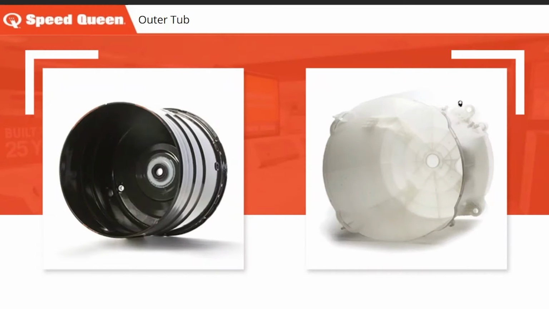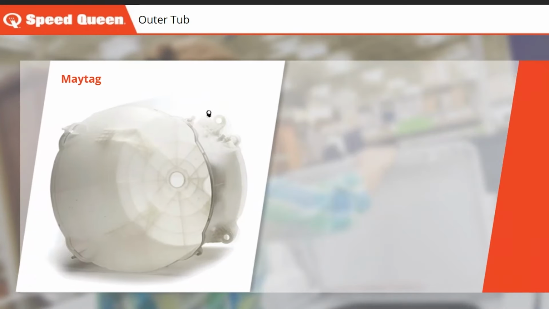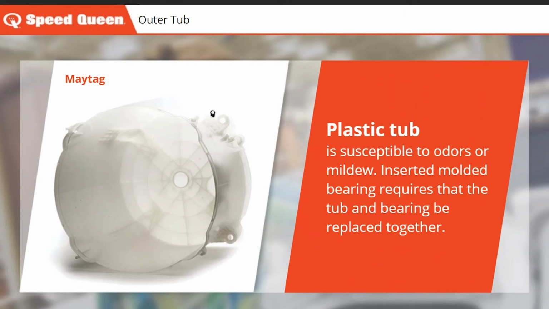Now let's compare the outer tubs. The Speed Queen TR7 has a porcelain-coated metal tub, whereas Maytag has a plastic tub. Maytag's plastic tub is susceptible to odors or mildew. The inserted molded bearing requires that the tub and bearing be replaced together.